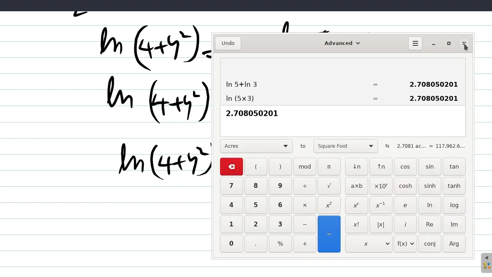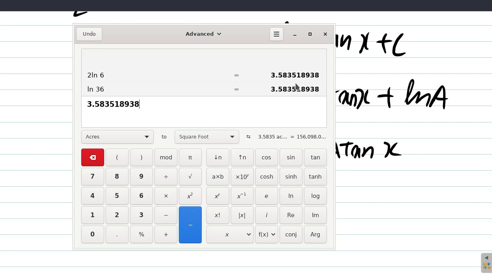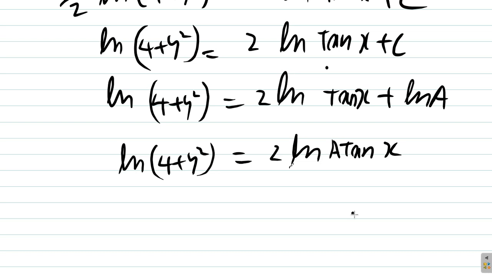So here, let's say you have 2 times ln 6 equals 3.535 and so on. What about 6 squared? 6 squared is 36. ln 36 equals, is it the same thing? Let's see. So that's just one example. So you have to remember your laws of logarithm.